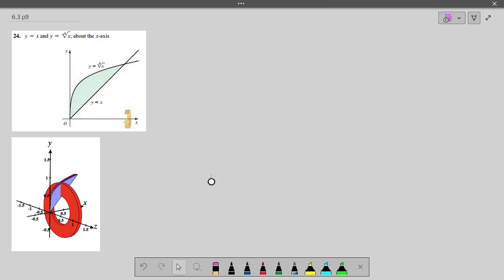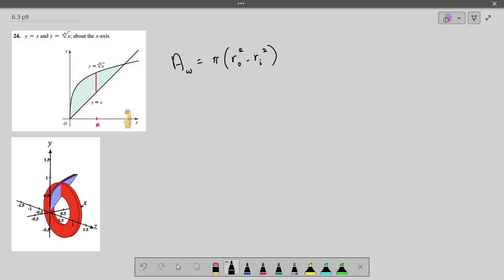We've got this region here. Maybe I should use red for the elements to match the picture down below. That is a random vertical element at a random x, and that red segment rotating around is going to create that red disk. The area of a washer is pi multiplied by the outer radius squared minus the inner radius squared.